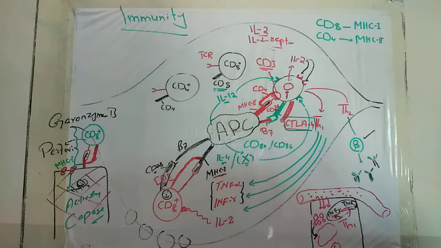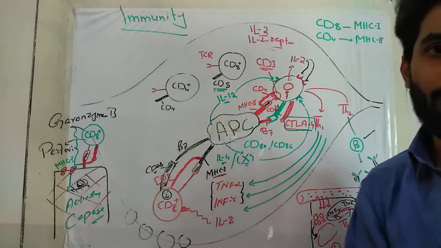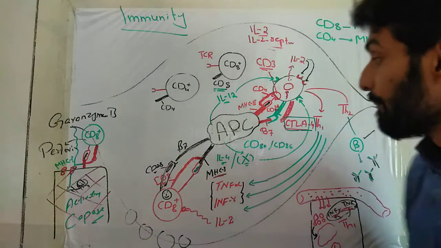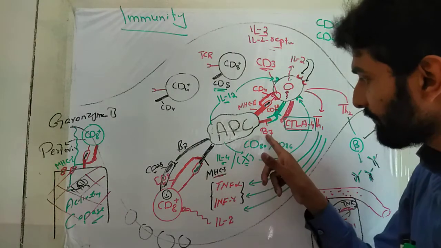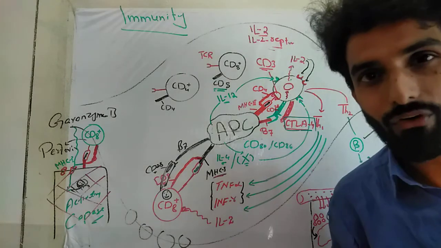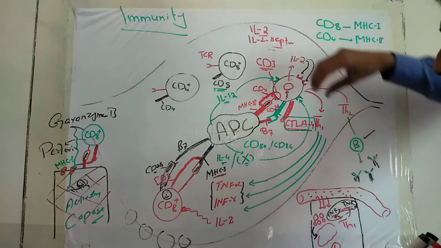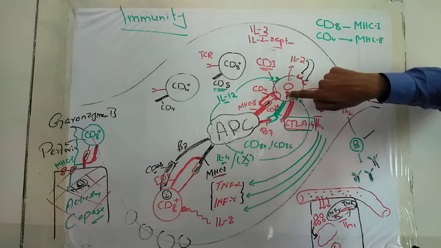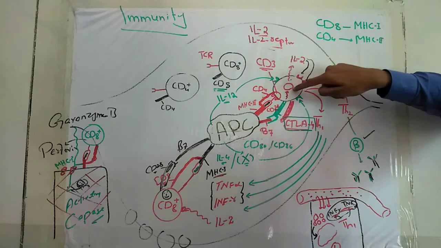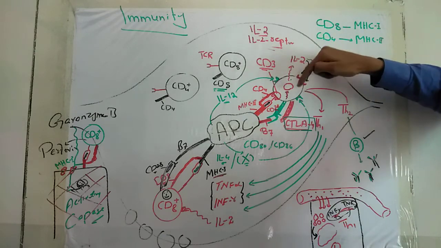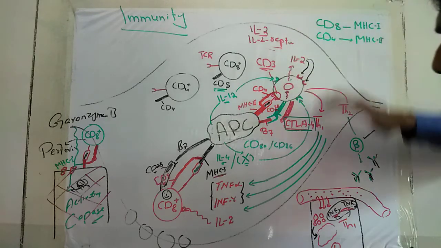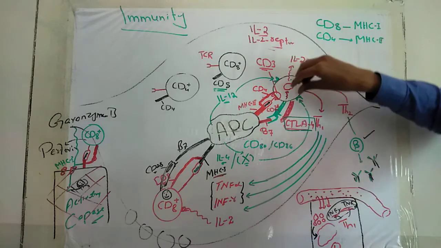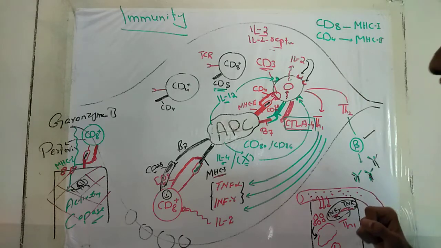So what will happen? This CTLA4 protein has basically more affinity for this B7 protein. So after some time, when the signal goes, it will activate the CTLA4 gene. Translation will occur, and CTLA4 protein will form, and it will translocate to the outer surface of the cell.